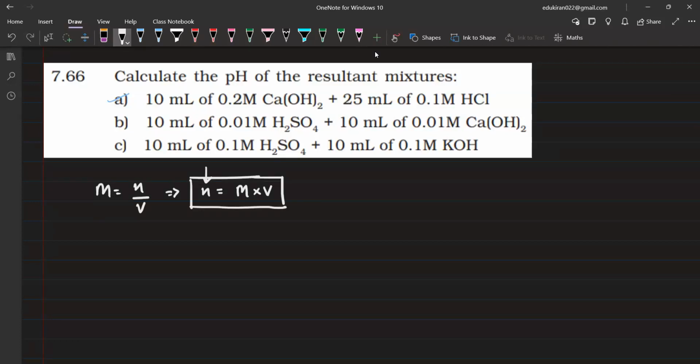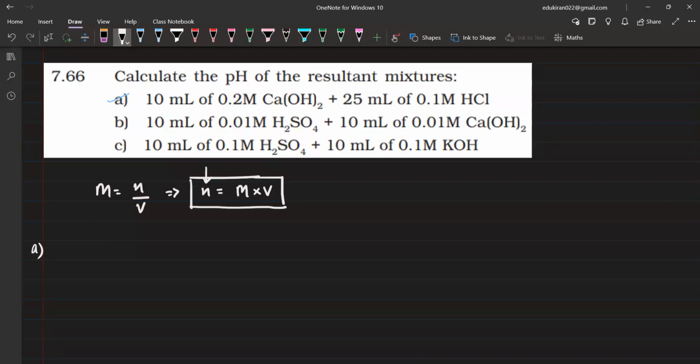Okay. Now, how to solve this in pH of mixtures, pay attention. If I take the first question, the A part, here you will first of all calculate the number of H plus and OH negative per molecule of acid and base.